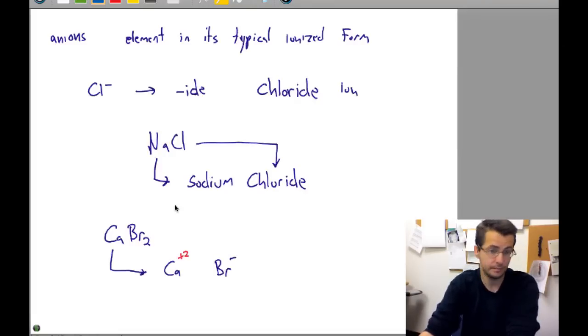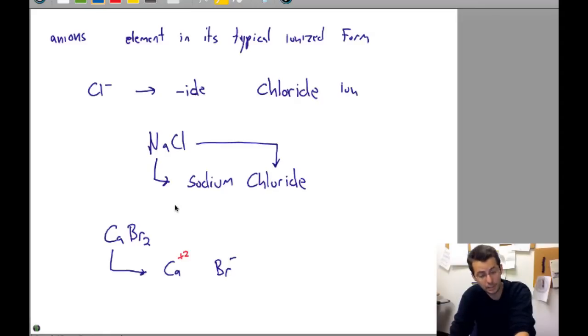But there's 2 of them to balance out the charge. The calcium has a +2 charge. It needs to balance out that charge with 2 bromines, Br-. This is the typical charge for a bromine. We can look it up on the periodic table and see that it typically forms a -1. The name for this compound is calcium bromide.